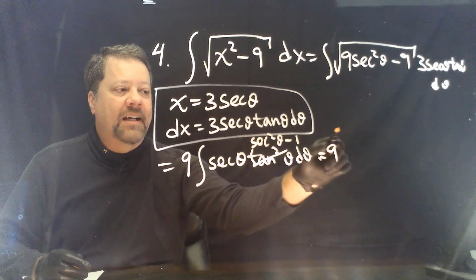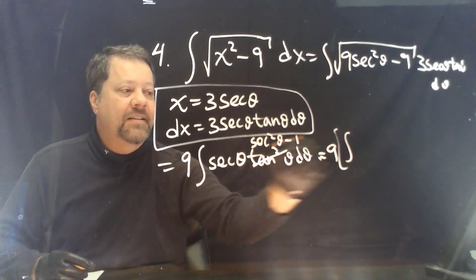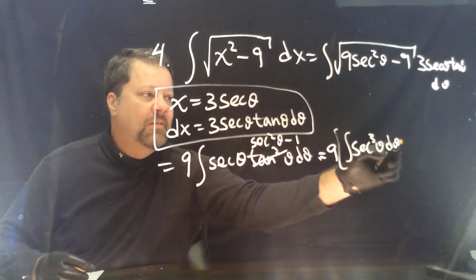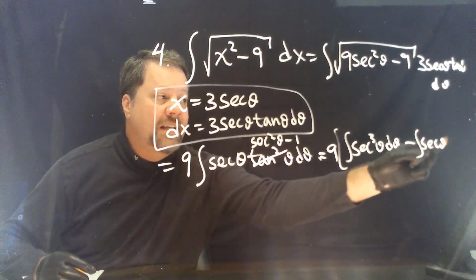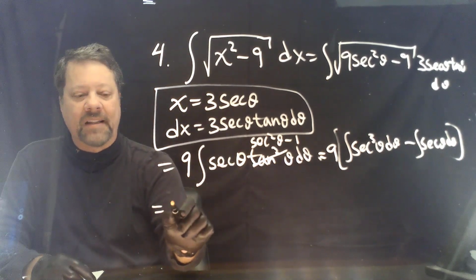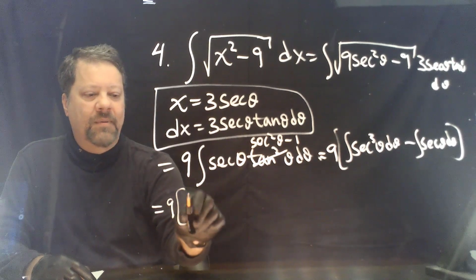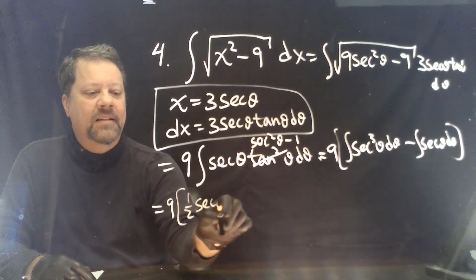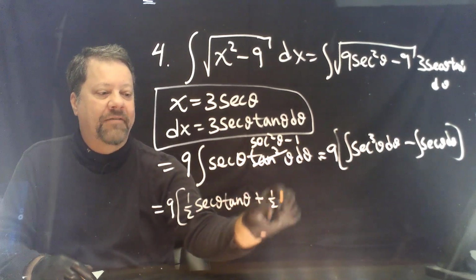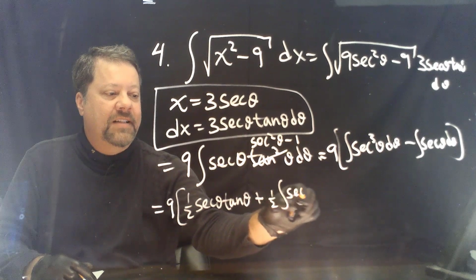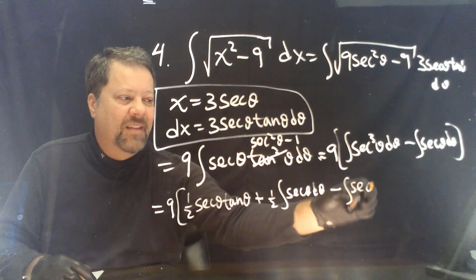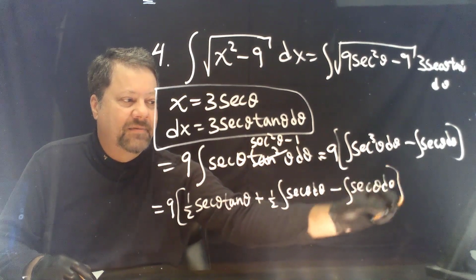So you'll have 9 times the integral of secant cubed theta d theta minus the integral of secant theta d theta. And if you remember from the last example, that's going to be 1/2 secant theta tan theta plus 1/2 the integral of secant theta d theta, and we still have minus the integral of secant theta d theta.